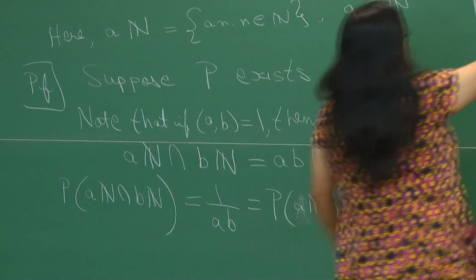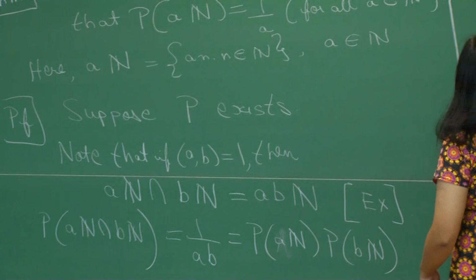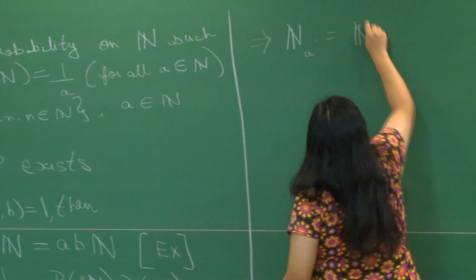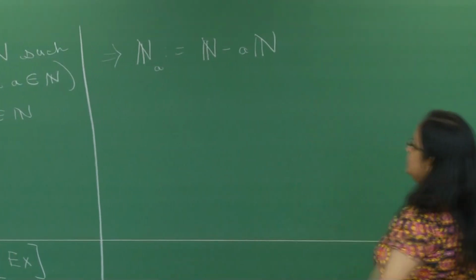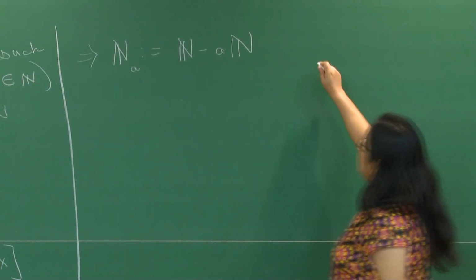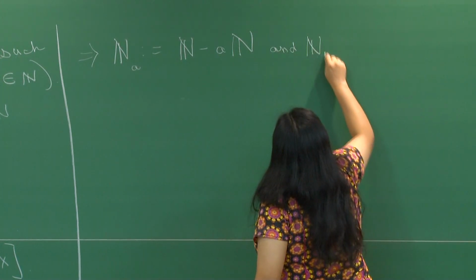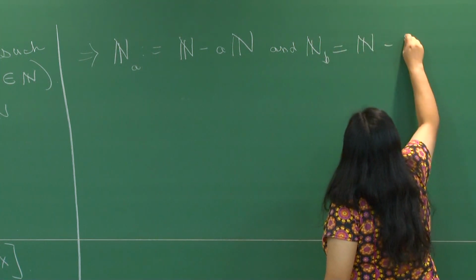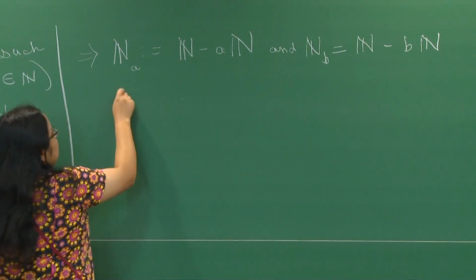And so, from this it would automatically imply that N sub a, which you define as N minus aN, so all those natural numbers which are not exact multiples of a, and N sub b, which is again defined as N minus bN, are independent.